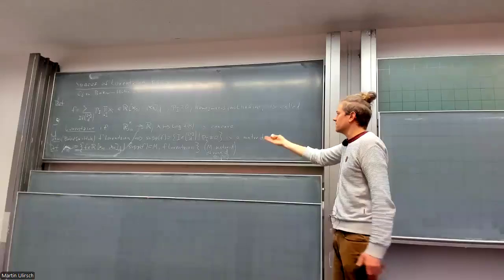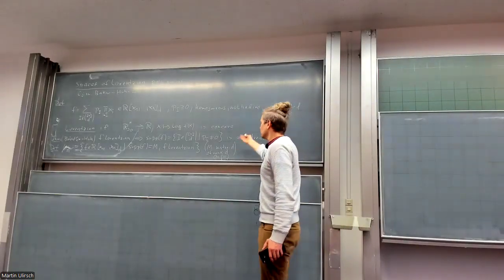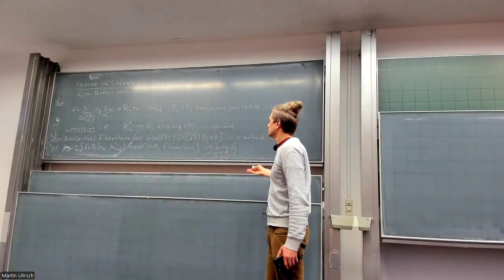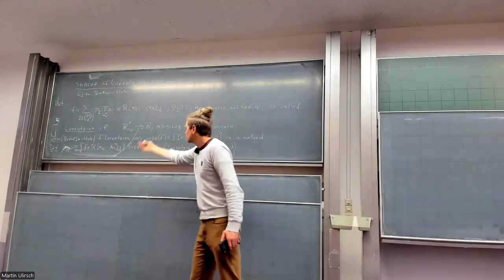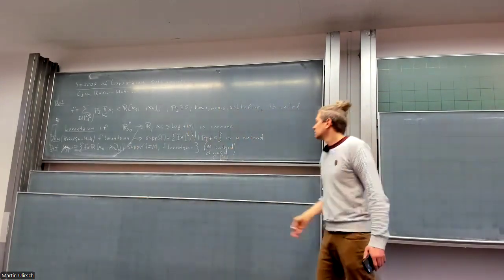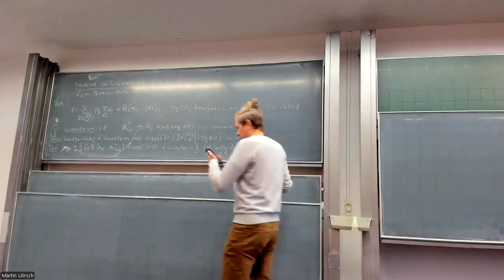So you can define it for every matroid of rank d. So the rank of the matroid will be the degree of this polynomial on 1 up to n.